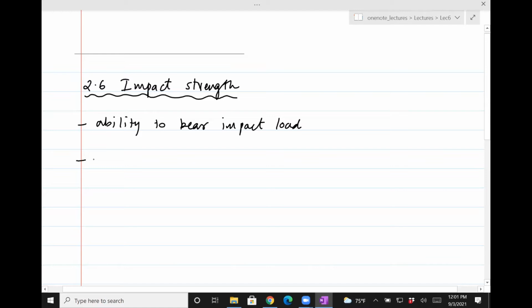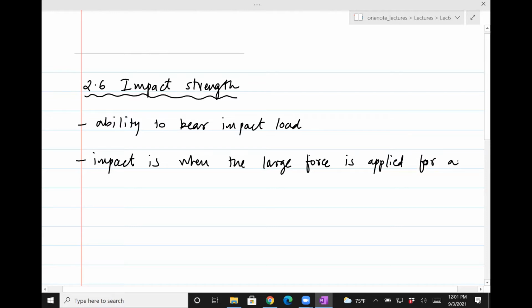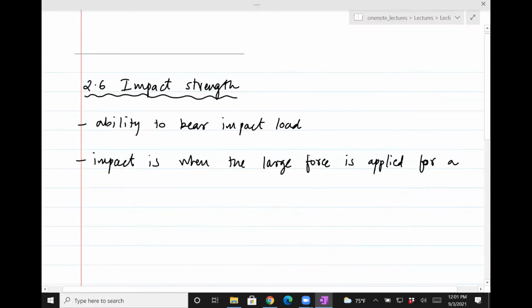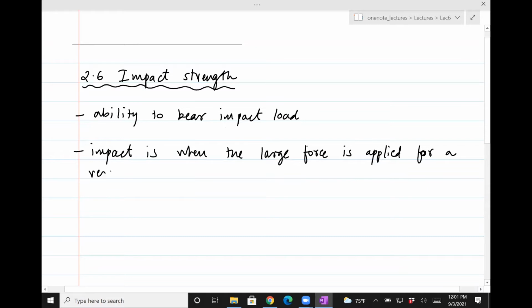Impact is when the force is, so it's usually a large force, applied for a very short duration.